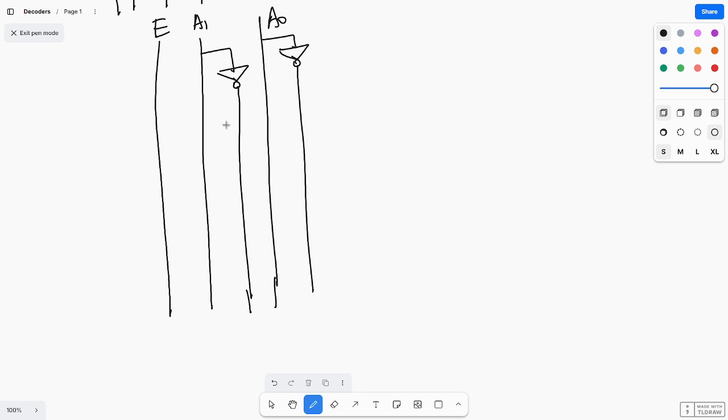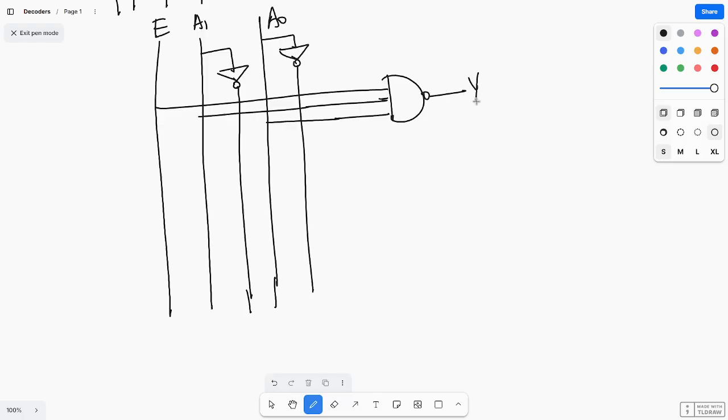First I will write y3 equals what? (E A1 A0) whole bar, no? So E, A1, A0 are connected with a NAND gate. This is y3, y3 equals (E A1 A0) whole dash.